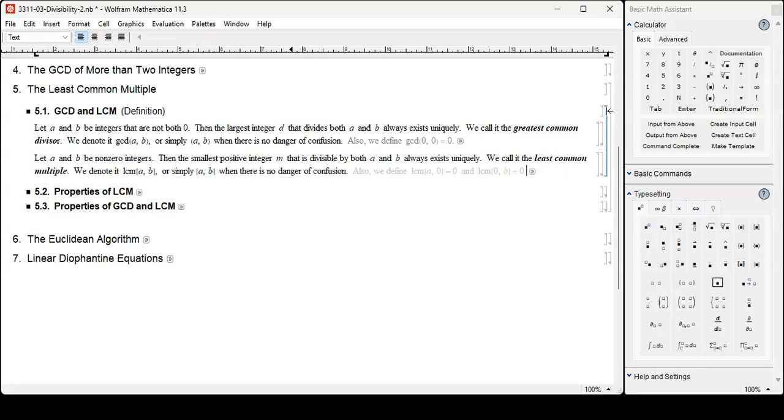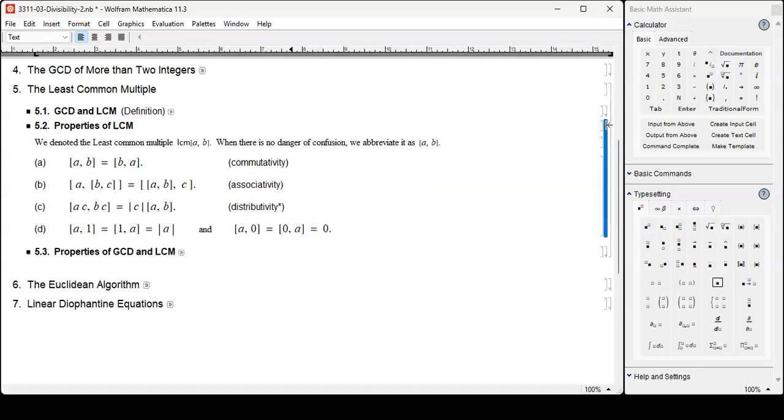So that's the LCM, and here are some properties of LCM. But come on, these are too trivial, so I'll leave all those properties to you as exercises. Maybe homework, maybe not even worthy of that. Commutativity, that's too simple. This one requires some work, but too tedious, so let's not worry about any of those.